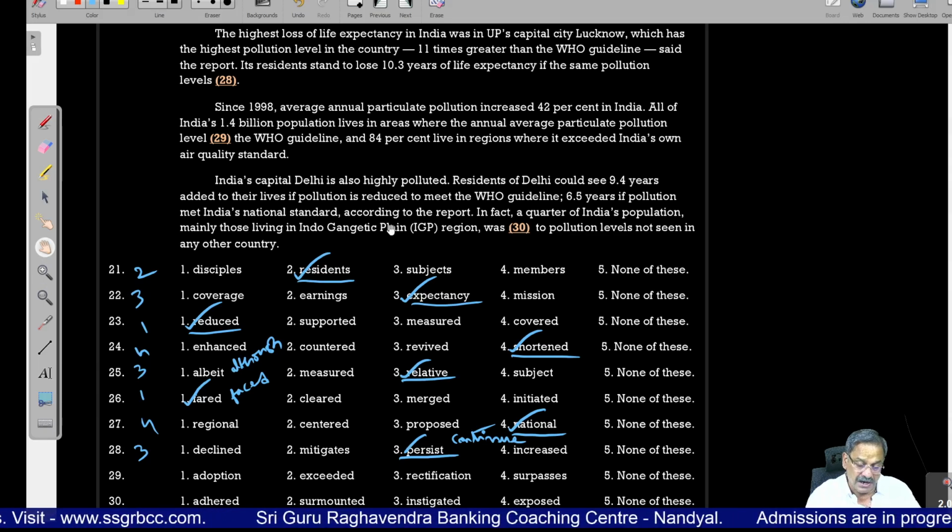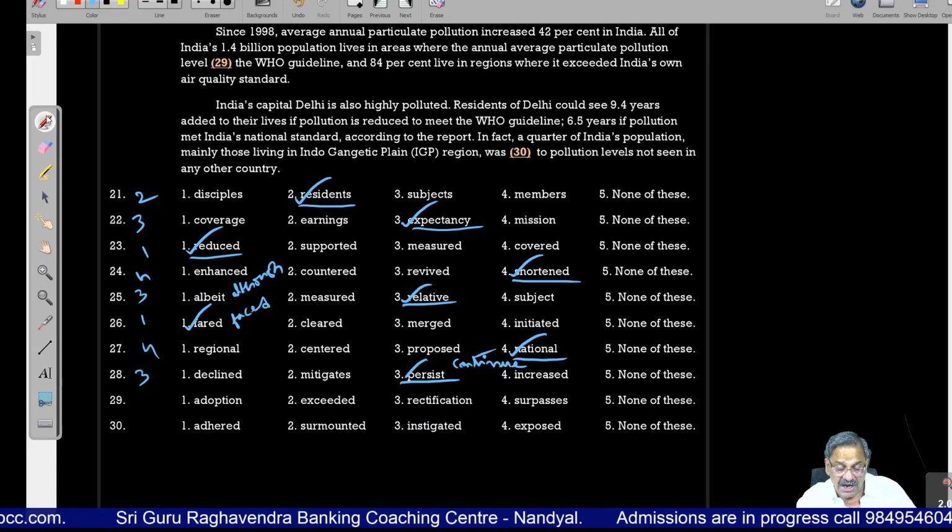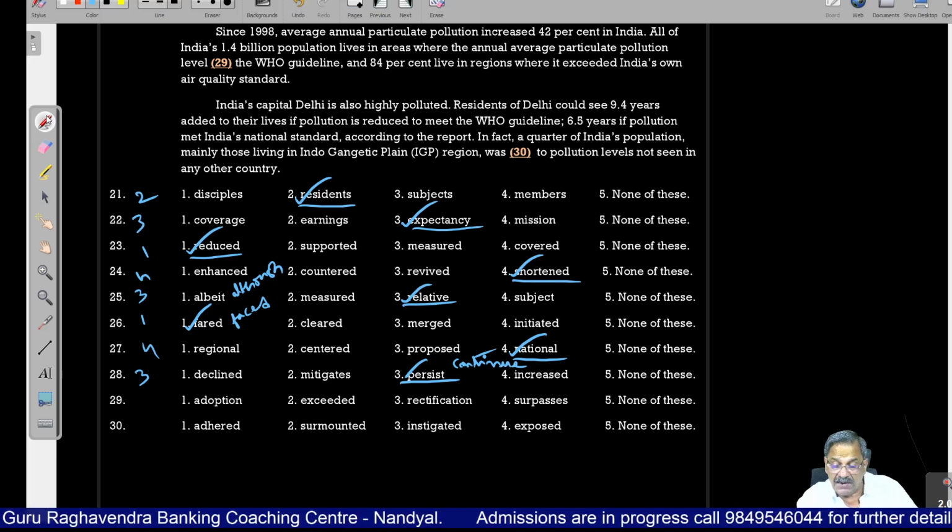Then next paragraph. Since 1998, average annual particulate pollution increased 42% in India.